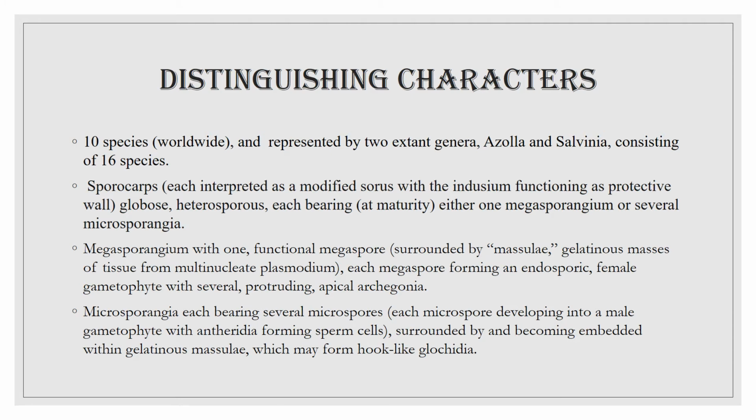Heterosporous, each bearing at maturity either one megasporangium or several microsporangia. The megasporangium has one functional megaspore surrounded by massulae, gelatinous masses of tissue from a multinucleate plasmodium, and each megaspore forms an endosporic gametophyte.